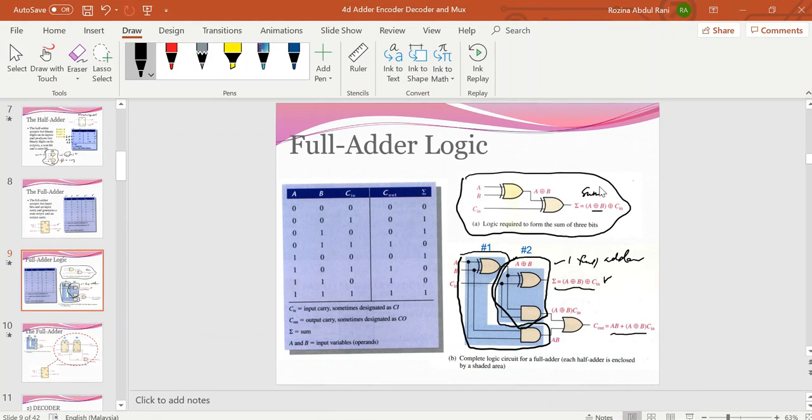The output sum from the first half adder can be the input for the other half adder. And then we need one OR gate to complete the operation for the Cout of the full adder.